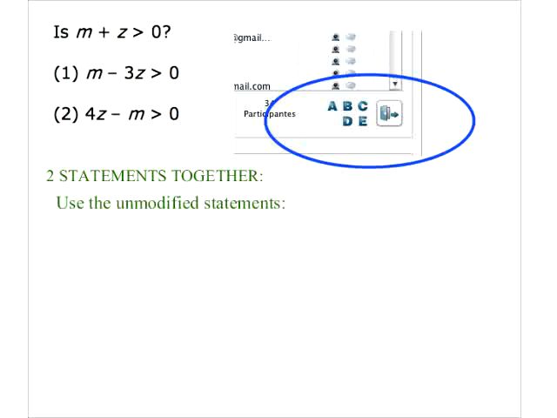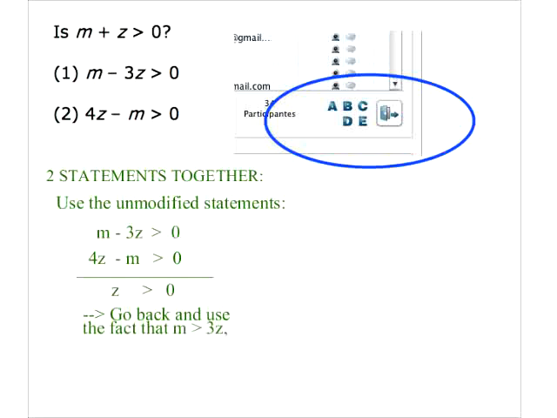So just take m minus 3z is greater than 0, and then take 4z minus m is greater than 0, and just add them and see what happens. The m's go away, and we have negative 3z plus 4z, and we just discovered this. Then we go back and use the fact that m is greater than 3z, so m is also positive.